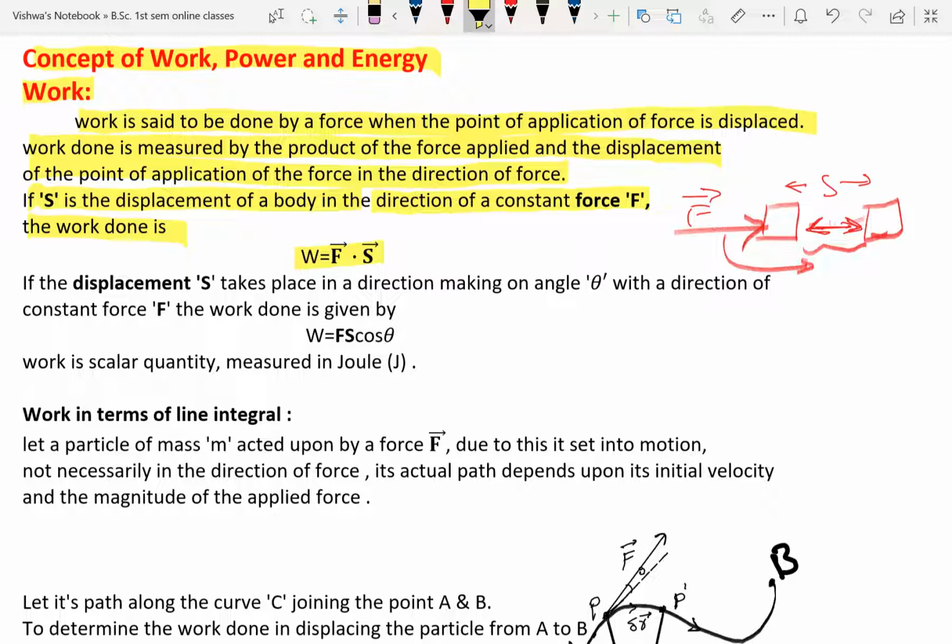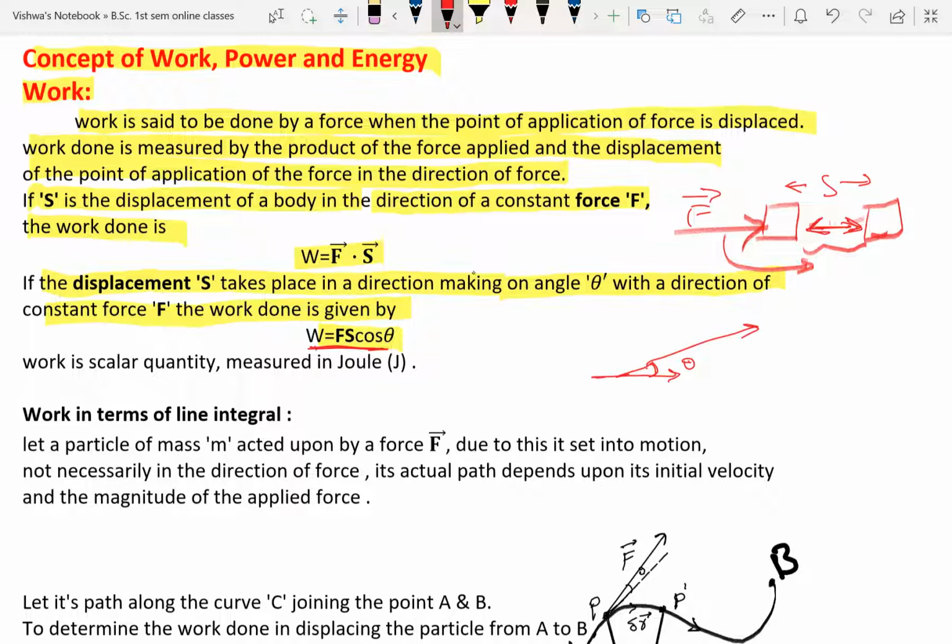If the displacement S takes place in a direction making an angle theta with the direction of constant force F, the work done is given by W equal to F S cos theta. Suppose the force is in one direction and the displacement is in another, then there is an angle between these two. So work done can be written as W equal to F S cos theta.